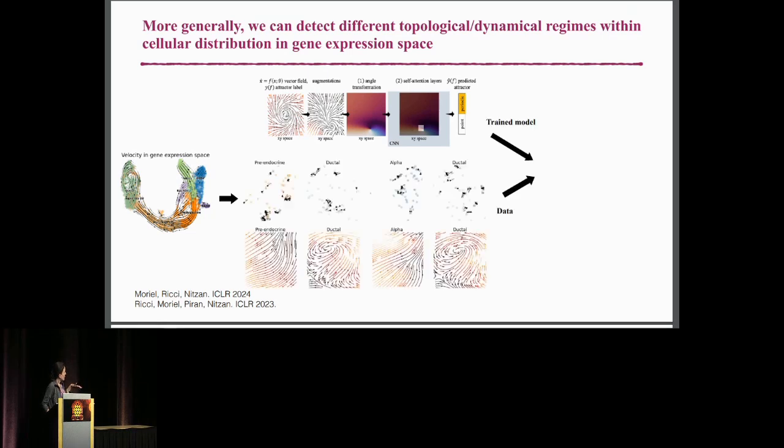And then if we take the original data, take different cell types, and interpolate vectors of cellular flow in gene expression space, then using this framework we can predict where the cells are exhibiting limit cycle-like behavior or a fixed point.